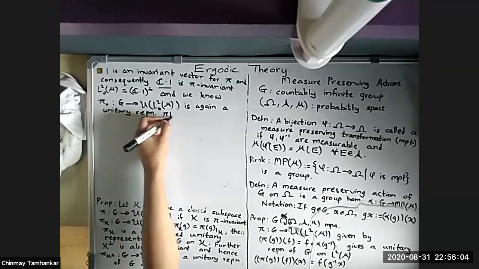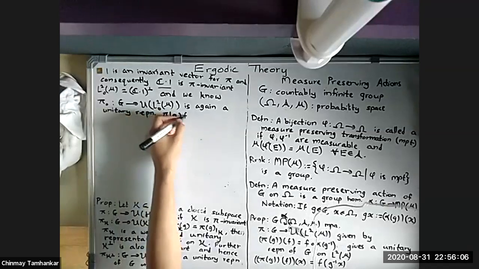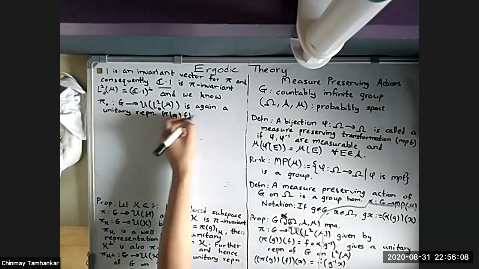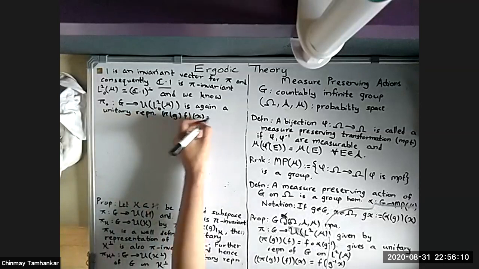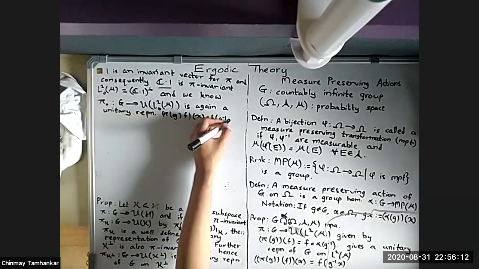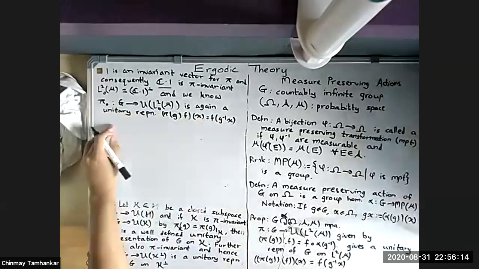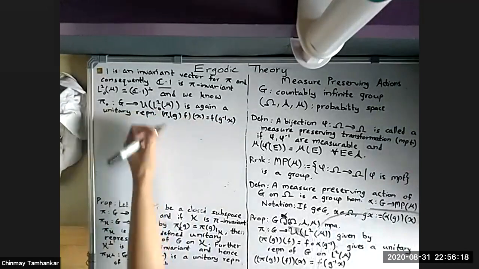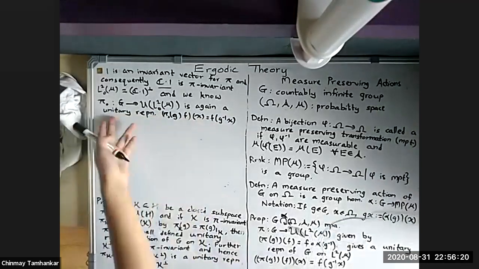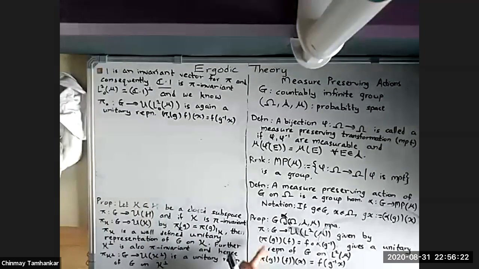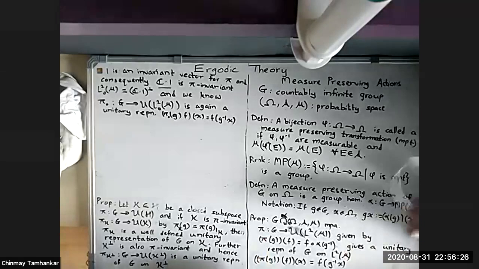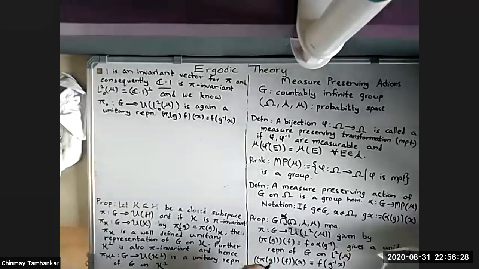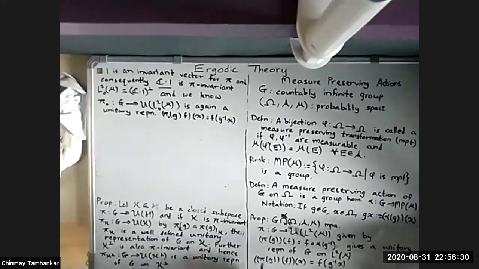Again pi G of f of x is f of G inverse x. So this will be the same, pi 0 G, because this representation is just inherited from our original representation pi.